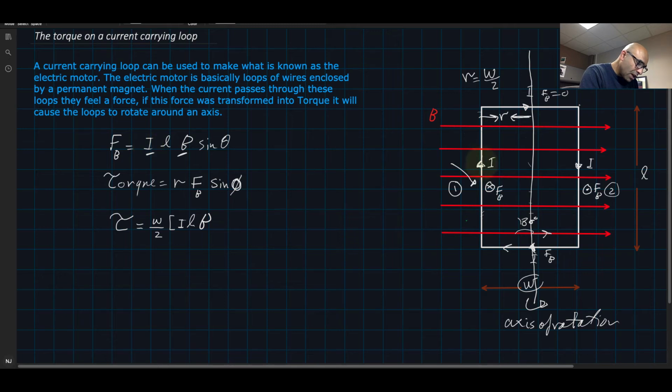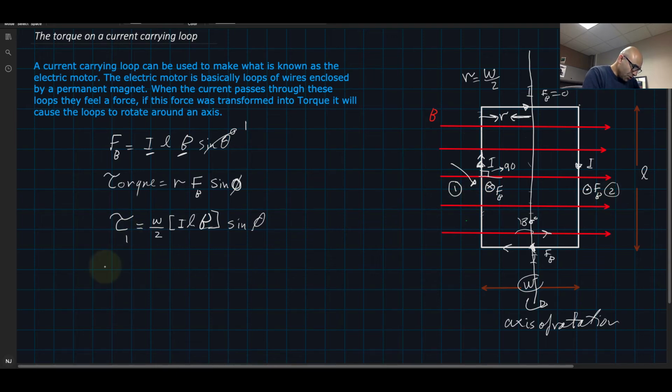The direction of the current is up, and the magnetic field is this way. The angle is 90 degrees, so that's 1, because sine 90 is 1. So I'm not going to put it in this equation. And that will be times sine phi. I'm going to call this torque number 1 because it's on the left.